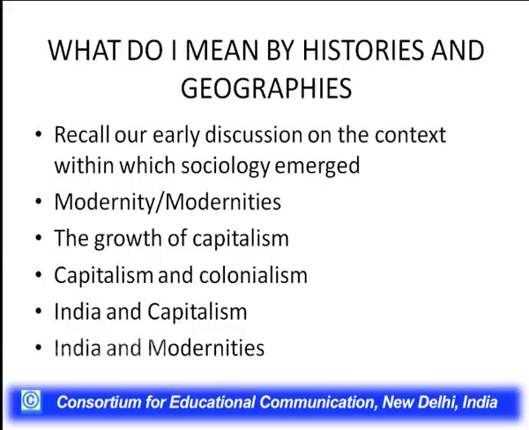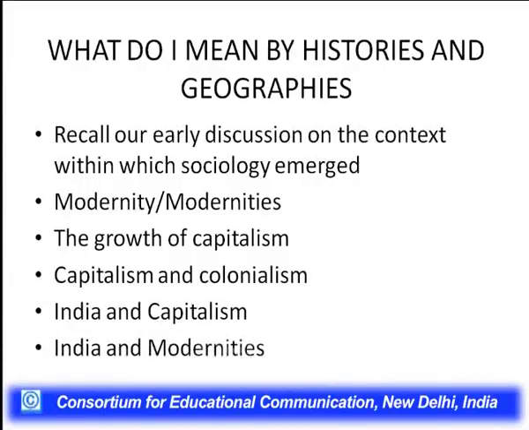look at these connections. Here, I would like to take you back to an early lecture that I gave on the emergence and growth of Indian sociology. And there I mentioned that there are certain features that we need to look at: modernity, modernities, the growth of capitalism, colonialism, India and capitalism, India and modernities.